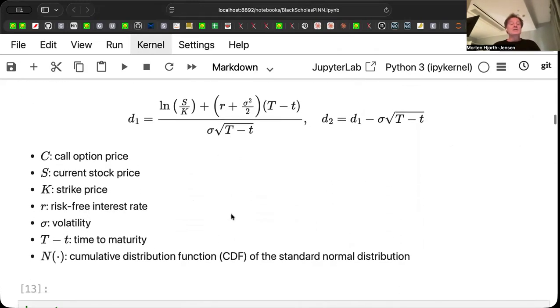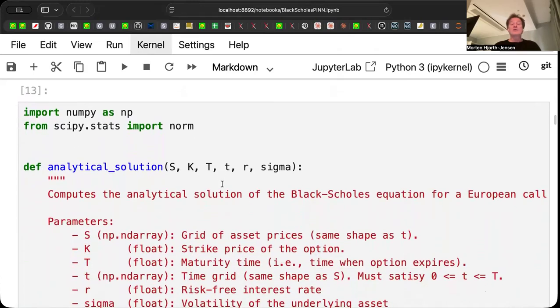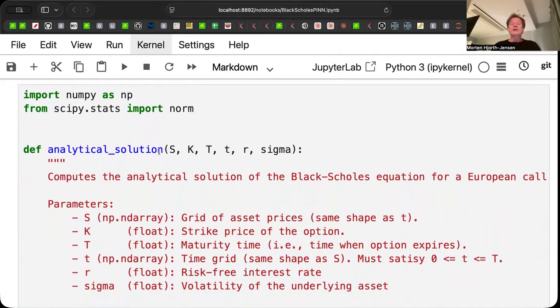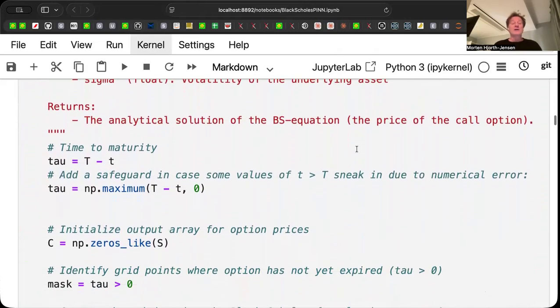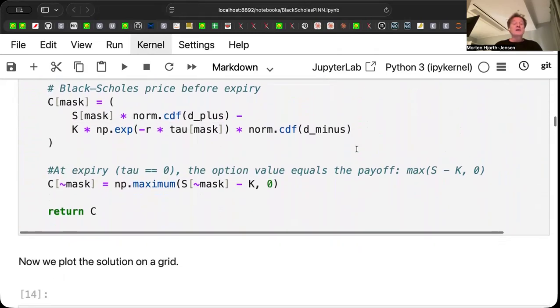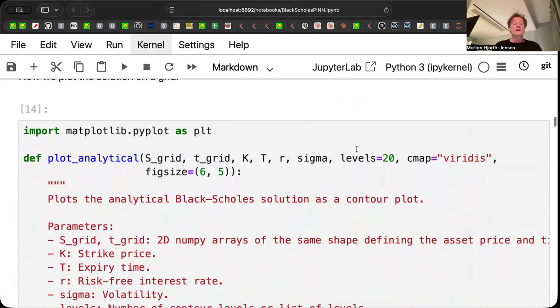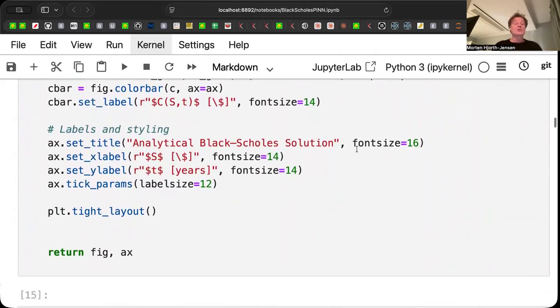What we set up first is the analytical solution in terms of all these parameters. And here we plot the analytical solution.